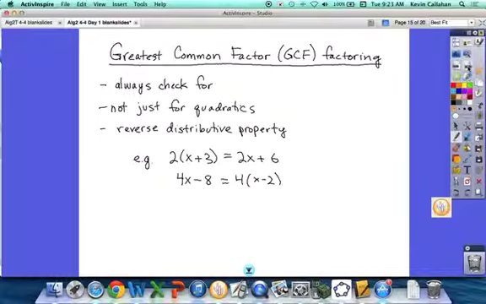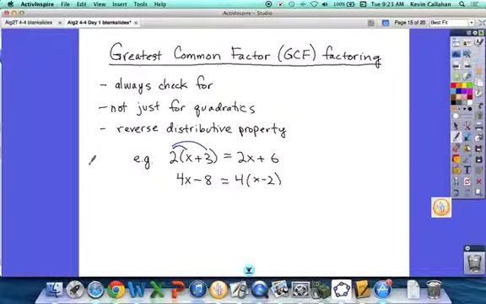Okay. And actually, this kind of factoring is not just for quadratics, meaning where the highest power is 2. We will use this in chapter 6 when we go up to the higher powers, polynomials. You could think of it like a reverse distributive property, right? In the distributive property, you have a number outside parentheses and more than one term inside, and you distribute the 2, you multiply both things inside the parentheses by the 2, so you get 2x plus 6, okay?